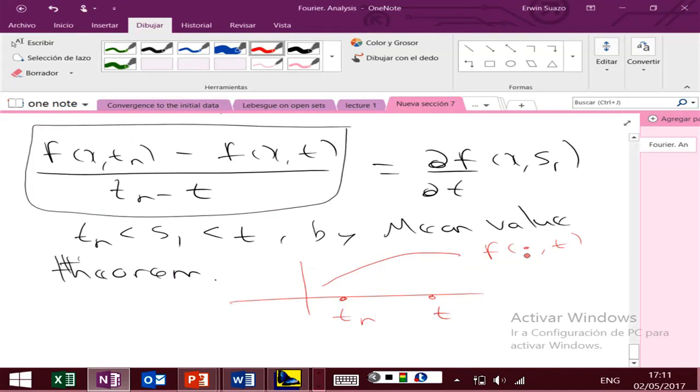Point means you fix the x, so you just have this one-dimensional function. So f of x, t sub n is this point, f of x, t is this point. What does f of x, t sub n minus f of x, t over t sub n minus t represent? Slope of what?